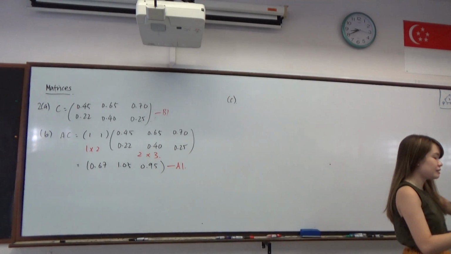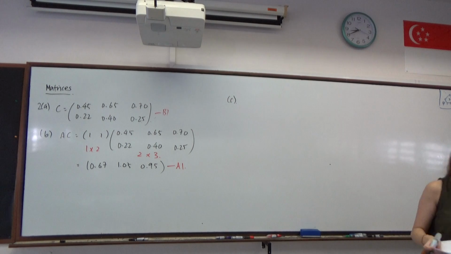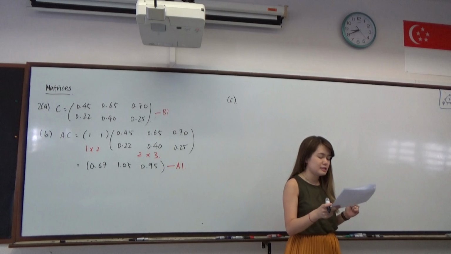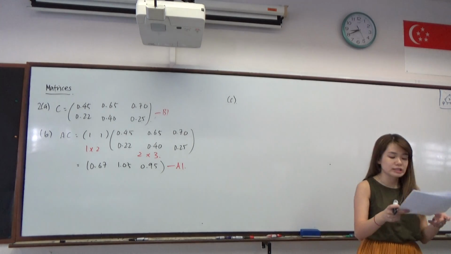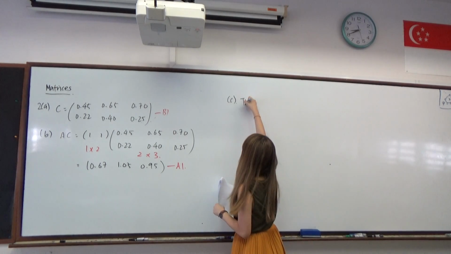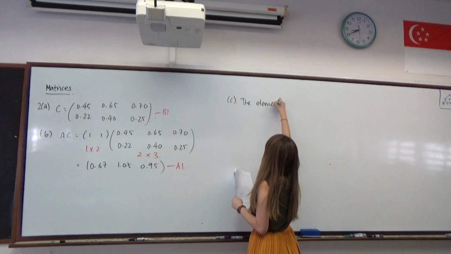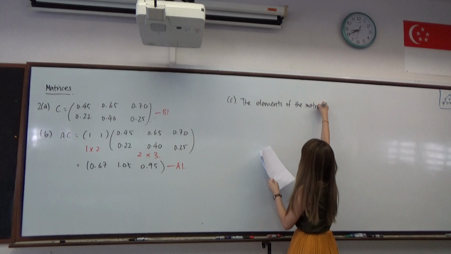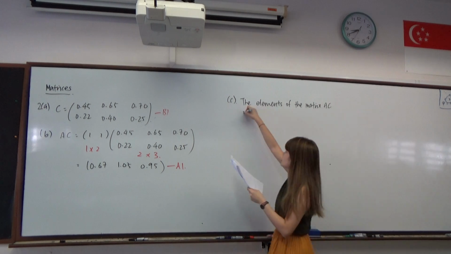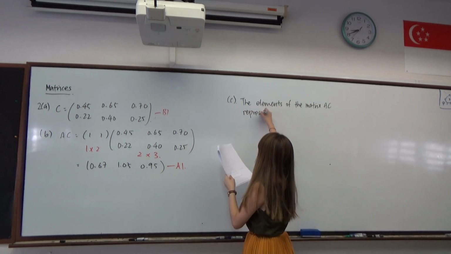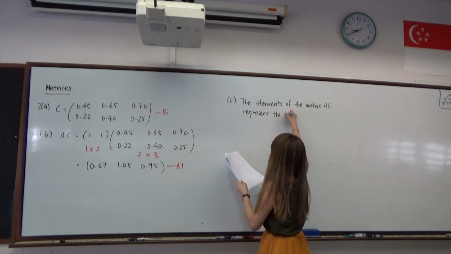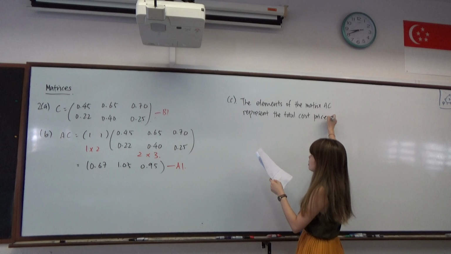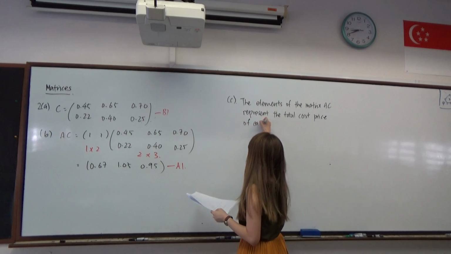Generally, for part C, if you understand how the matrix multiplication works, you would be able to explain well. The elements of the matrix represent the total cost price of each type of noodle.